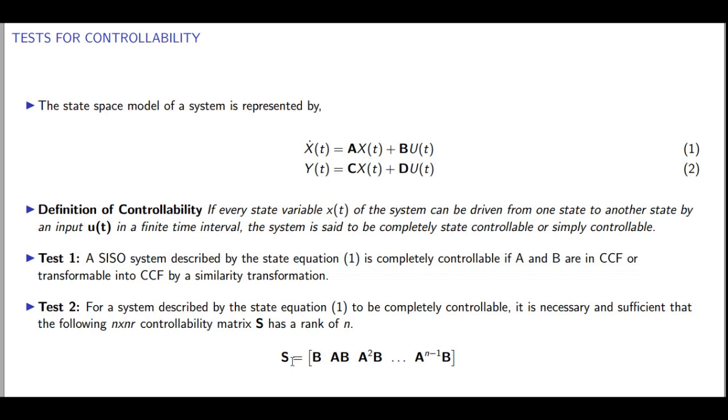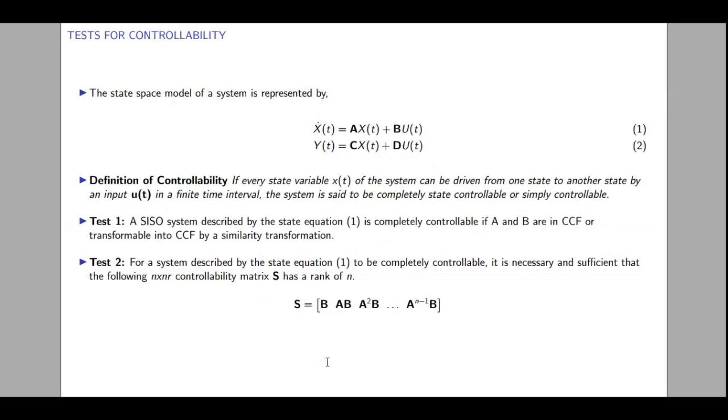So the condition for the system to be completely controllable is that this S matrix should have a rank of n. That is, S should be a full rank matrix. This is the test, the condition for the system to be controllable.